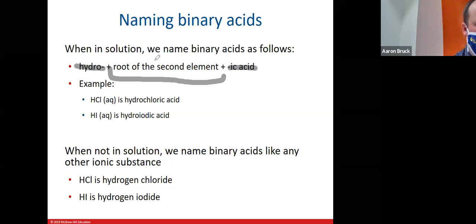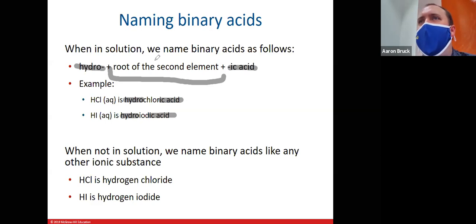So HCl, hydrochloric acid. The hydro and the -ic acid are constant. The chlor is in there to identify chlorine as the other element.